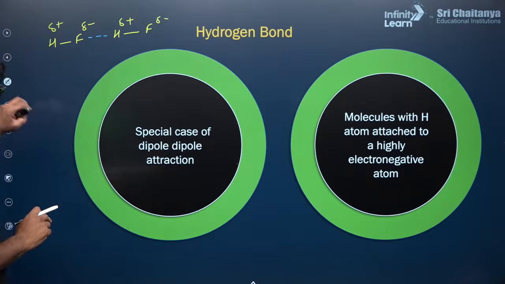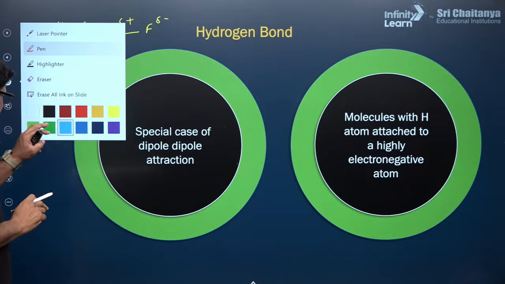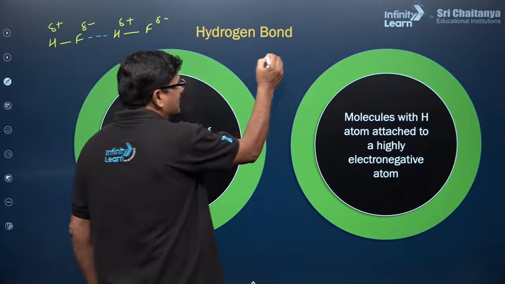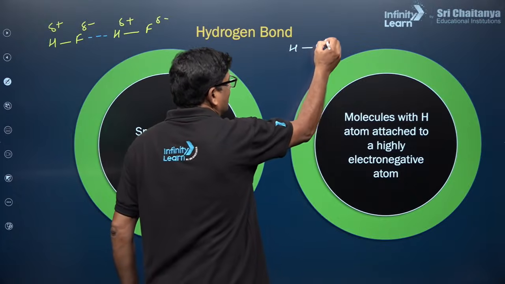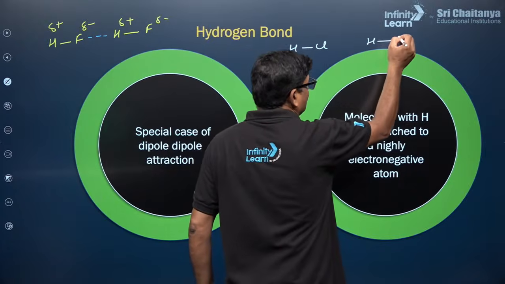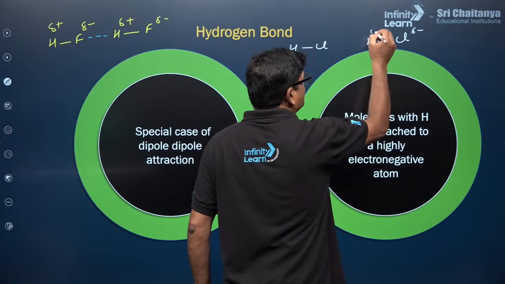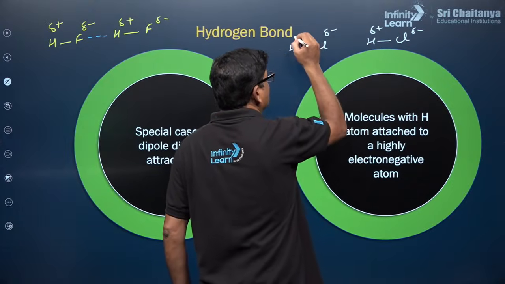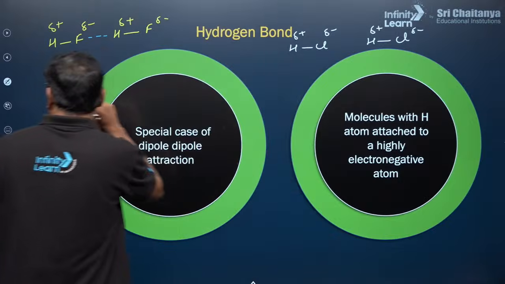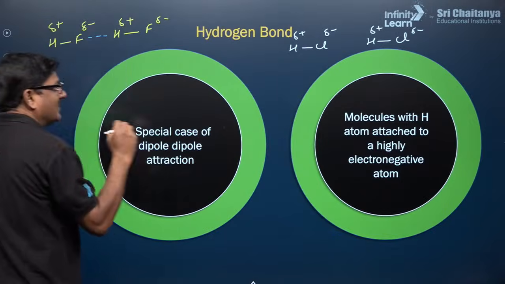The same thing can be seen, my dear students, in HCl and HCl, with a partial negative charge and a partial positive charge between them.